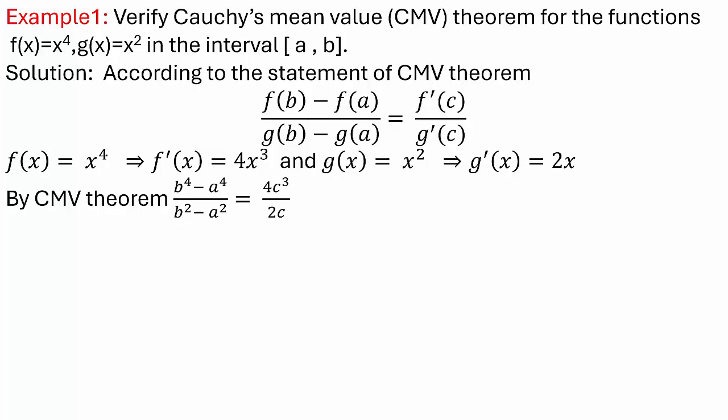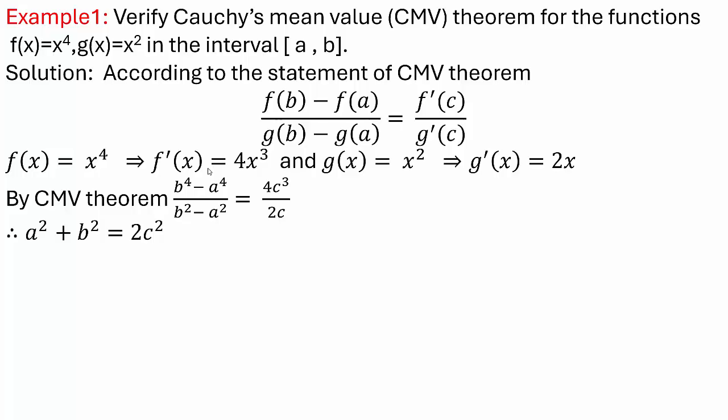By Cauchy's mean value theorem, if we substitute these values in this formula, we get b raised to 4 minus a raised to 4 divided by b square minus a square equal to 4c cube divided by 2c. If we simplify this, b raised to 4 minus a raised to 4 can be written as b square minus a square multiplied by b square plus a square.